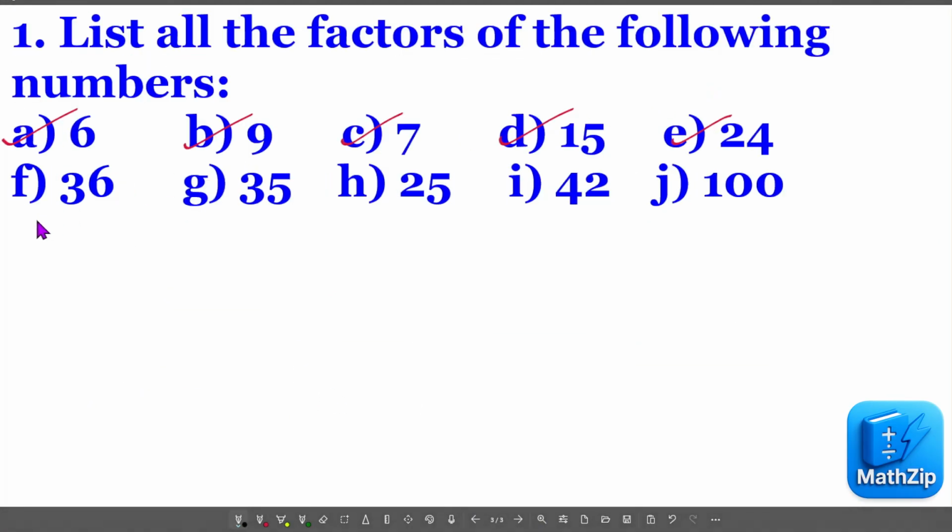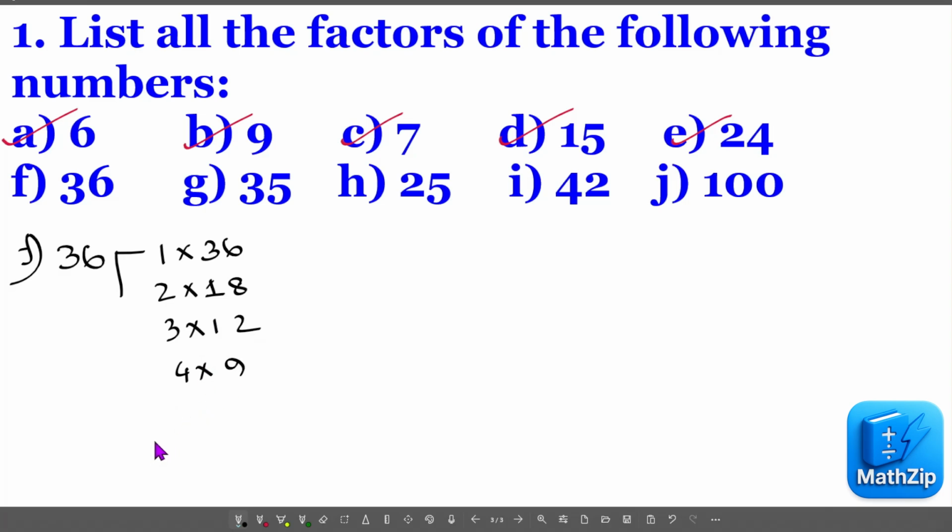Number F, 36. First 1 times itself, it means 36. Then 2 times 18 is 36. Then 3 times 12 is 36. Then 4 times 9 is 36, right? 5 is not possible. 6 times 6 is 36. 7, 8 are not possible. 9 is already done. Then 10, 11, 12.